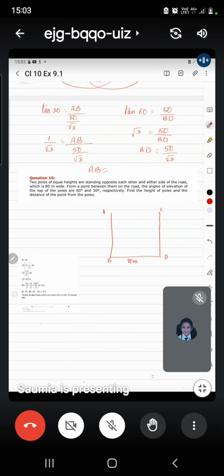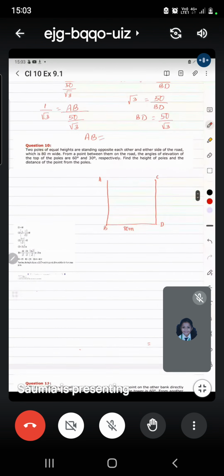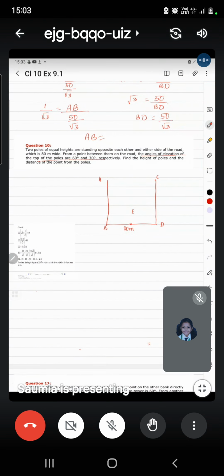Now, what's the next question? From a point between them on the road. That means I have to take a point on the road. So let E be a point on the road. The angles of elevation of the top of the poles are 60 and 30. That means from this point, if I look at the top of this pole, I get an angle of elevation of 60, and from this pole, I get an angle of elevation of 30.